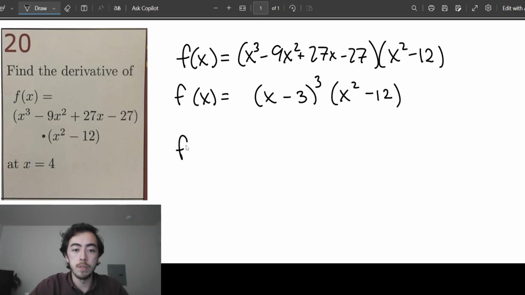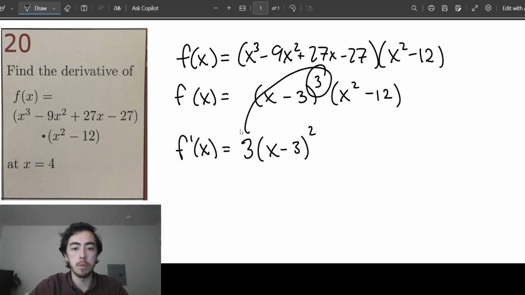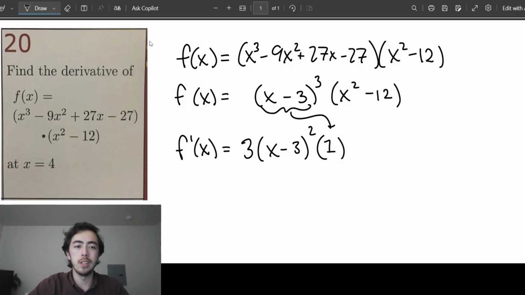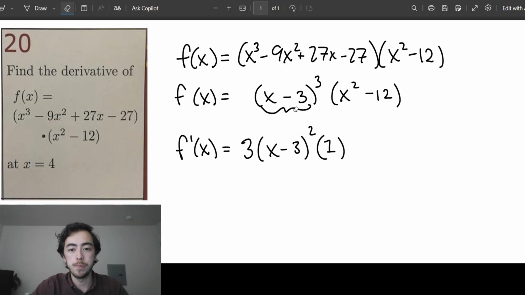Now once we find the derivative using the power rule, I always do the derivative of the first. So this is me using the power rule. I dropped the coefficient down front and lowered the exponent by 1. Technically, I am using the chain rule as well here. I am finding the derivative of the inside part, but it is just 1, so I'm not going to write it.